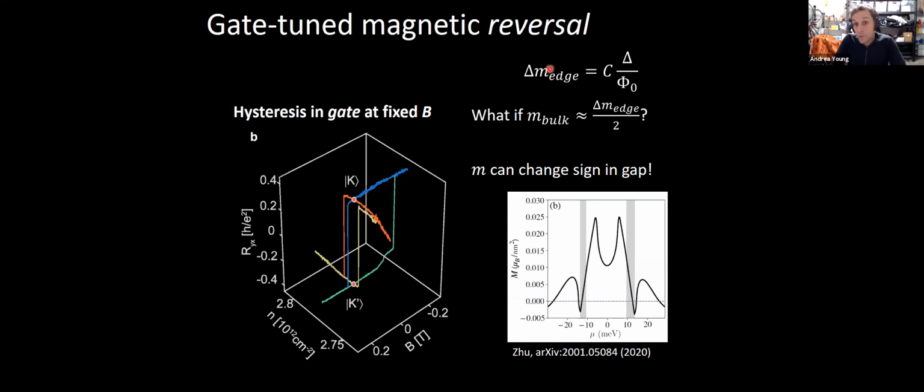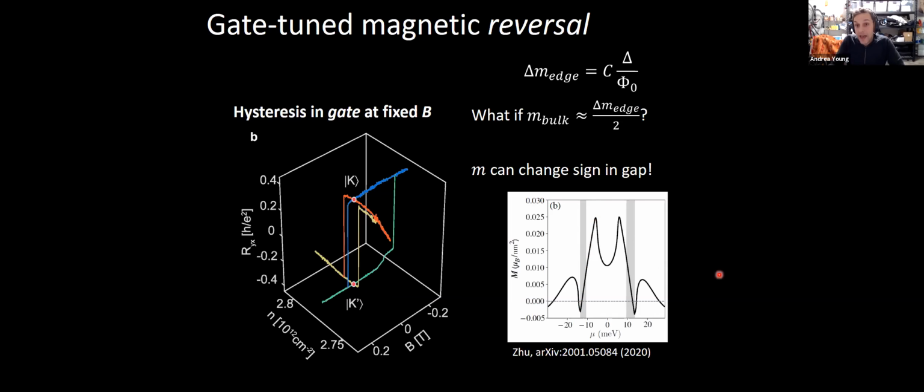In particular, we know that as you dope your sample across a Chern insulator gap, you get a contribution from the edge states that is the Chern number times delta mu divided by phi naught. That's just a number. Now, what if M bulk is half that and of the opposite sign? Then you may be in the bulk on one side of the gap with a magnetization of one sign, and on the other side with a magnetization of the other sign.